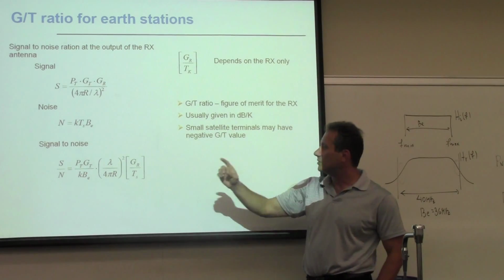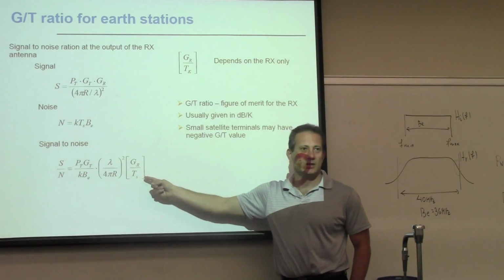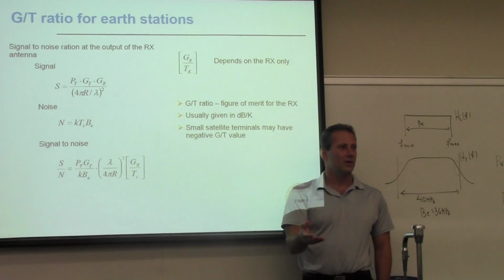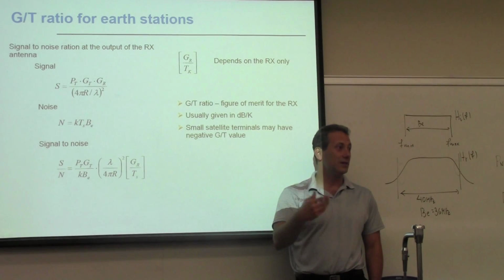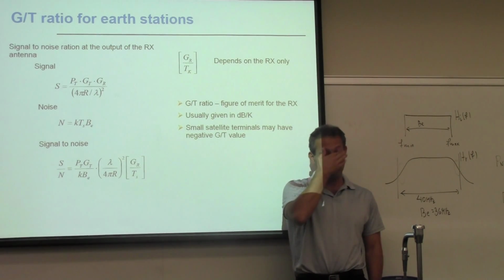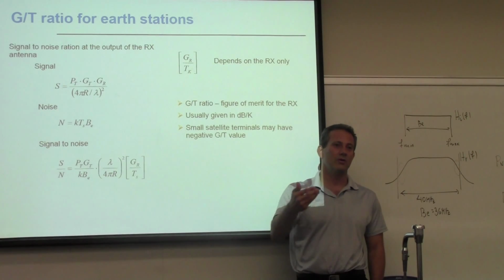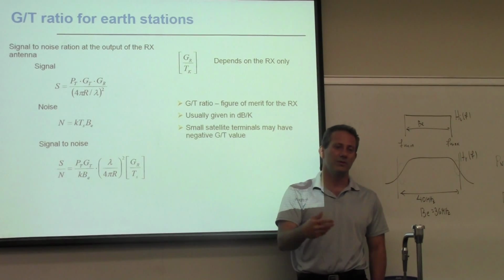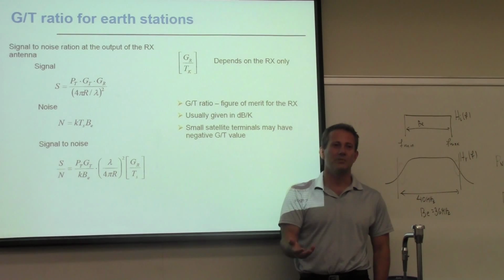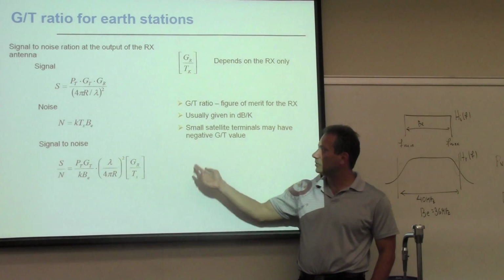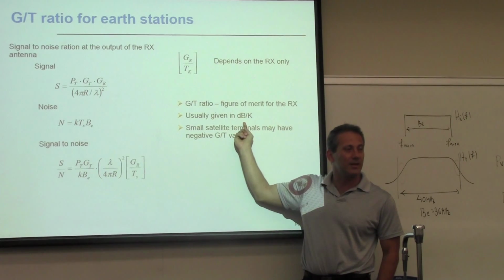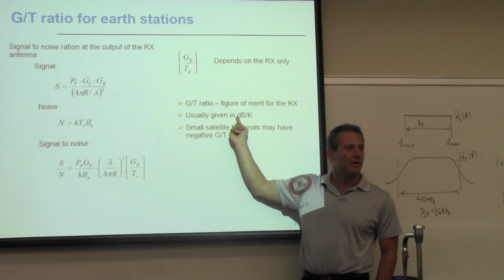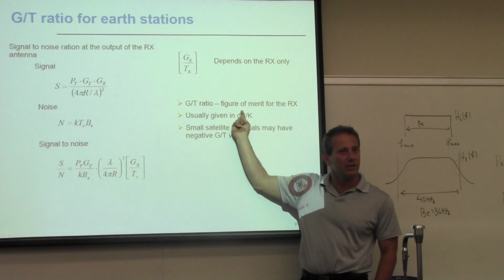Because if you take GR over T, gain is unitless, T is in Kelvin, so it's 1 over Kelvin. And then you take 10 log of that, which you shouldn't be doing, because log can only be defined over a pure number. But we do it anyway, and this dB divided by Kelvin, you don't divide dBs by Kelvin.